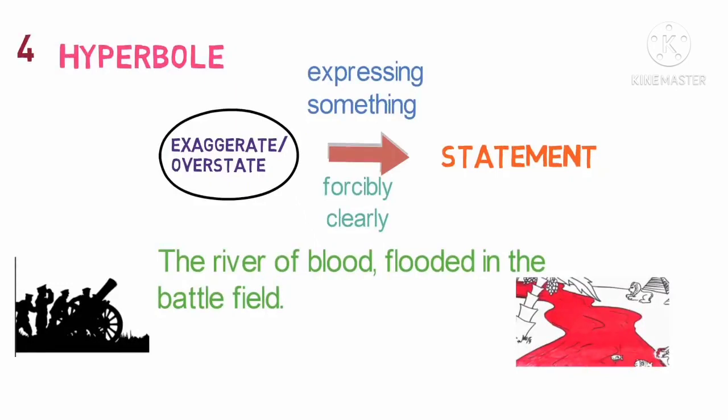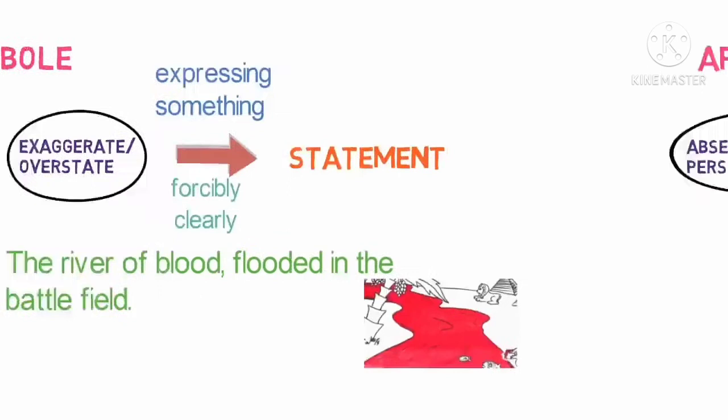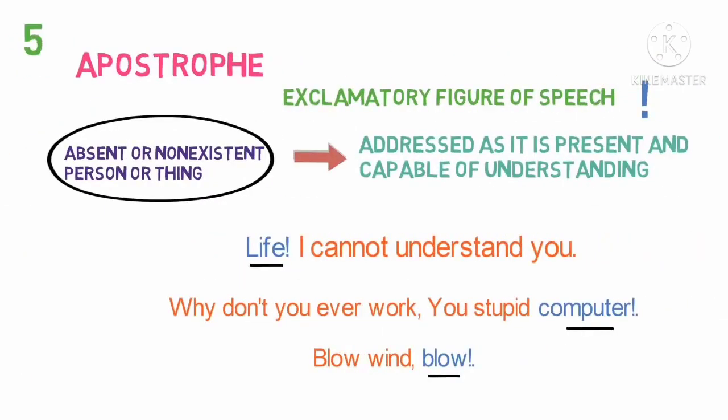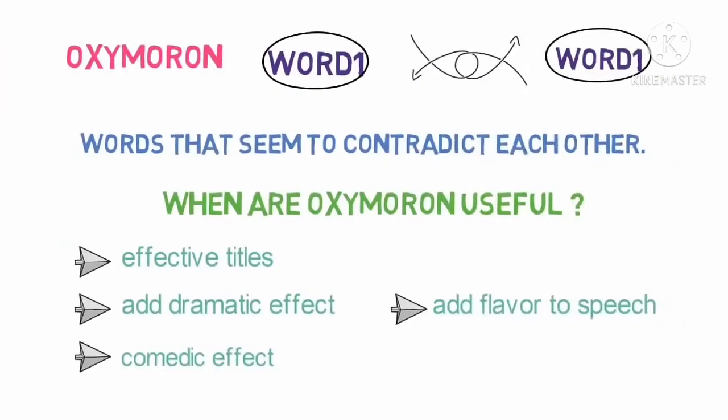Fourth, hyperbole. Hyperbole is a figure of speech wherein we exaggerate or overstate any statement. It is done for expressing something forcibly and clearly. Fifth, apostrophe. An apostrophe is a figure of speech in which some absent or non-existent person or thing is addressed as if it was present and capable of understanding.